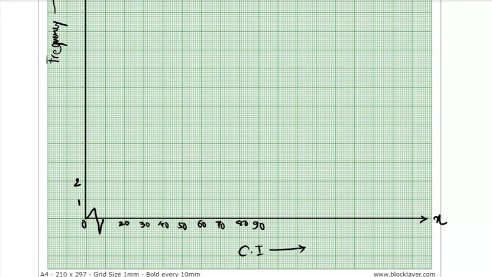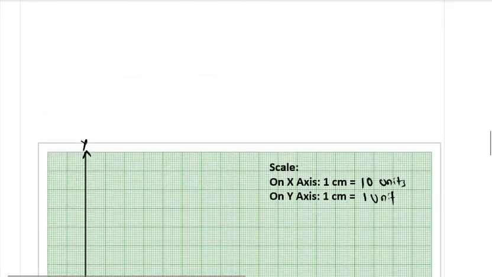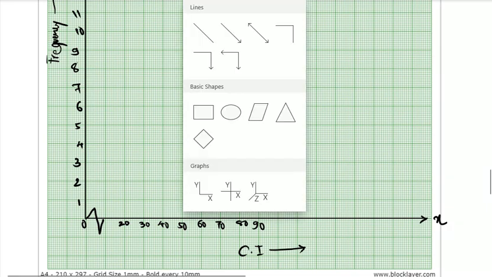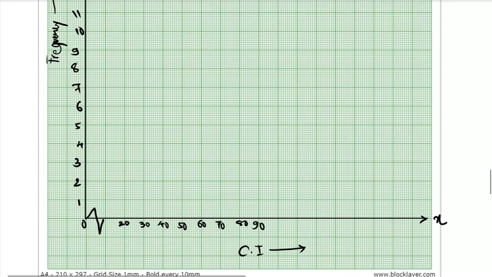1, 2, 3, 4, 5, 6, 7, 8, 9, 10, 11. Right? Okay, so the first class interval is 20 to 30, and for drawing 20 to 30, the frequency, the height of it is 4. Right? The height is 4. Okay, let's draw that. I'm going to use my shapes here, line from this point.